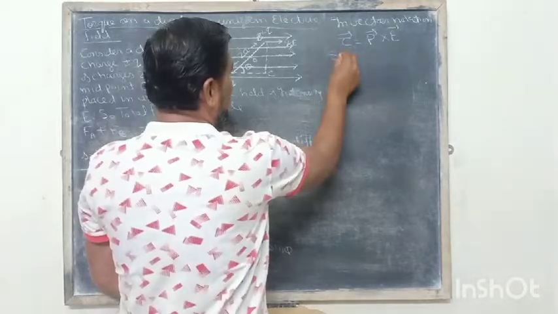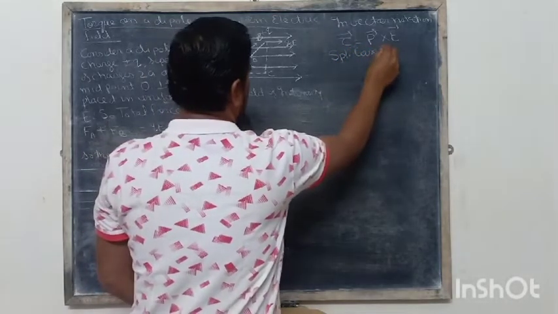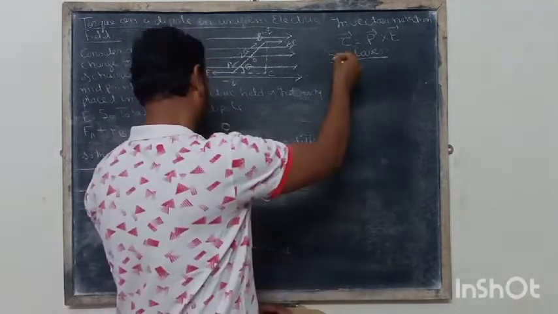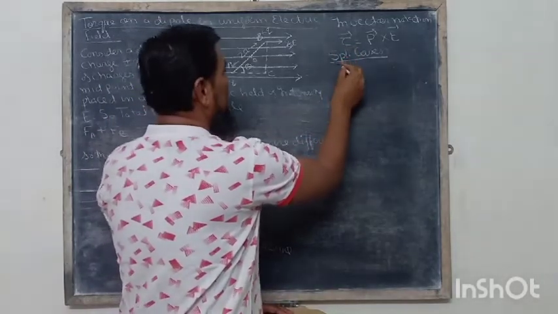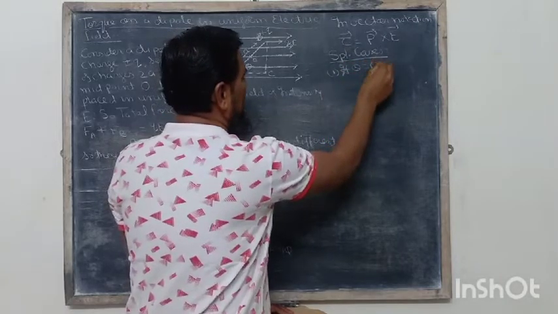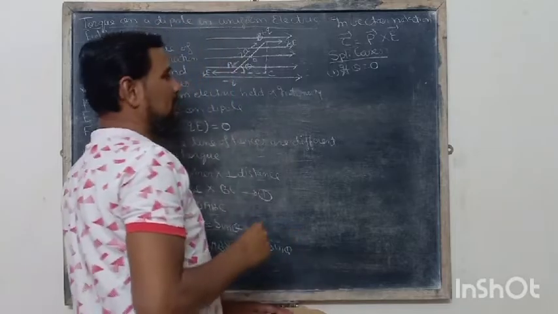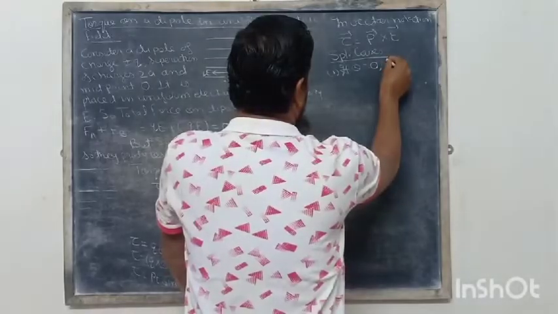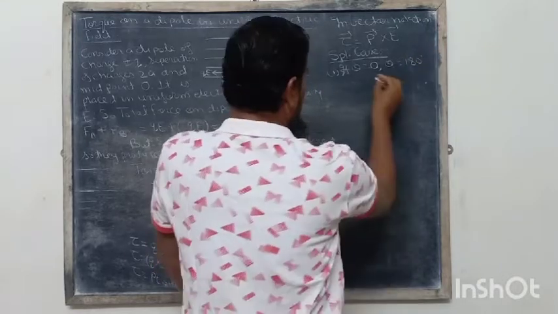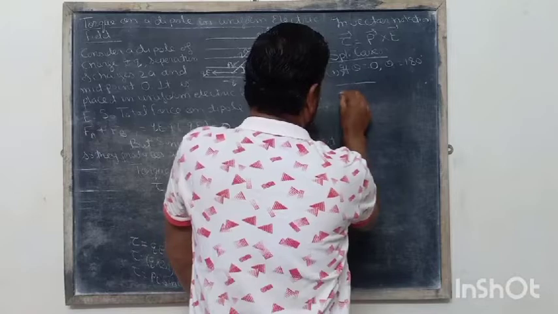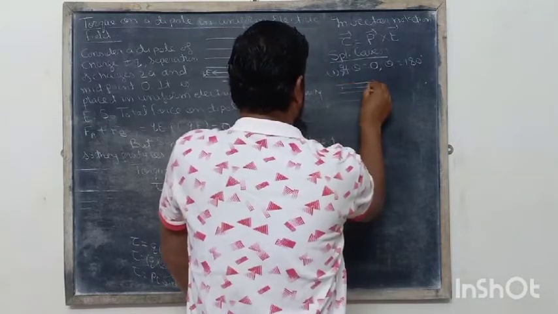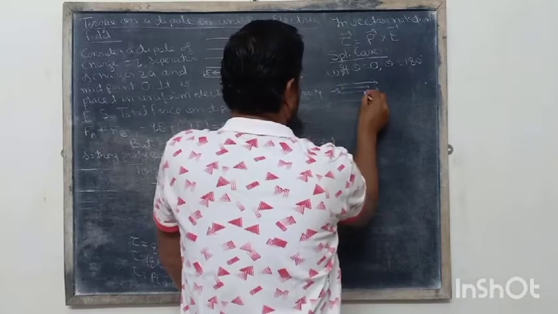This is the cross product of the electric dipole moment and the electric field intensity. There are two special cases. In the formula tau is equal to pE sin theta, the first case is if theta is equal to 0, meaning the dipole is parallel to the electric field, or theta is equal to 180, meaning anti-parallel. Parallel means the electric lines of force are like this and the dipole is this, minus q to plus q.